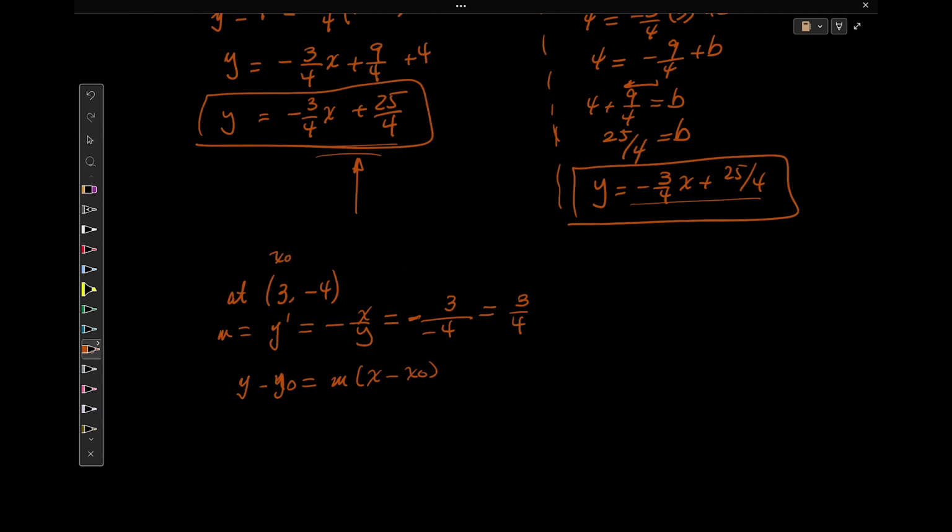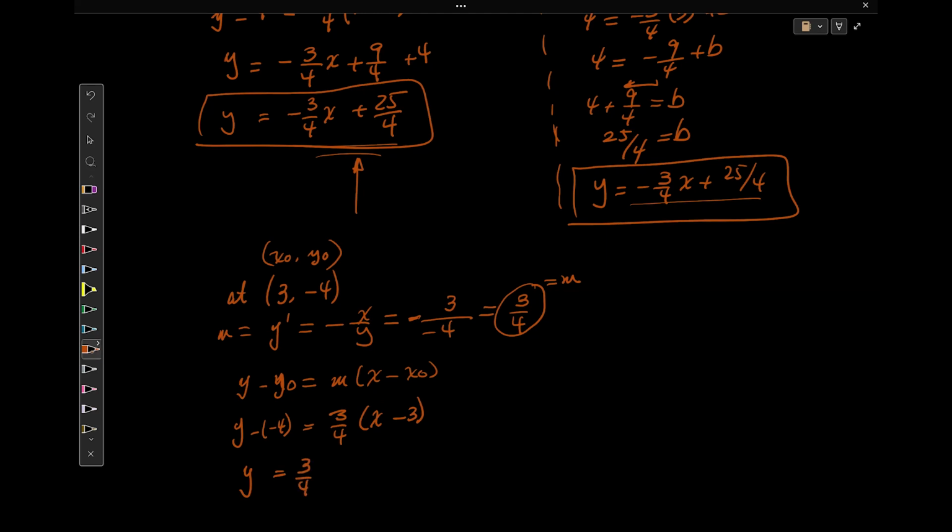With this being my x0, this is my y0, and obviously this is m. So it'll be y minus negative 4 equals 3/4 times x minus 3. So you will have y. When I bring this over, it becomes a negative 4.